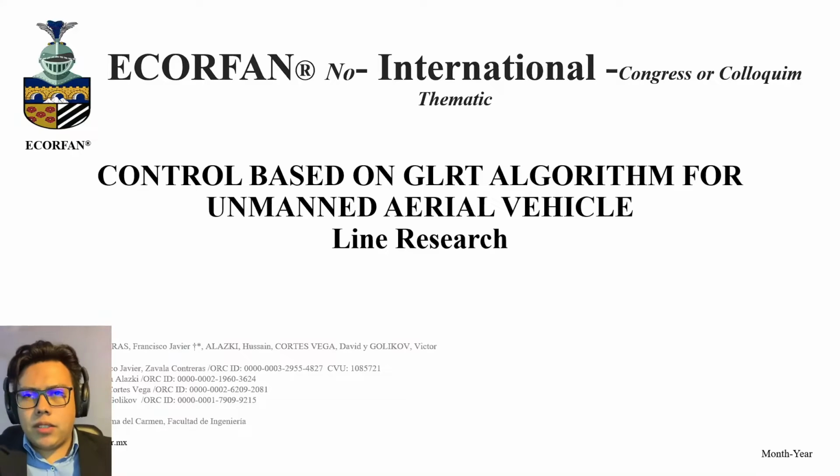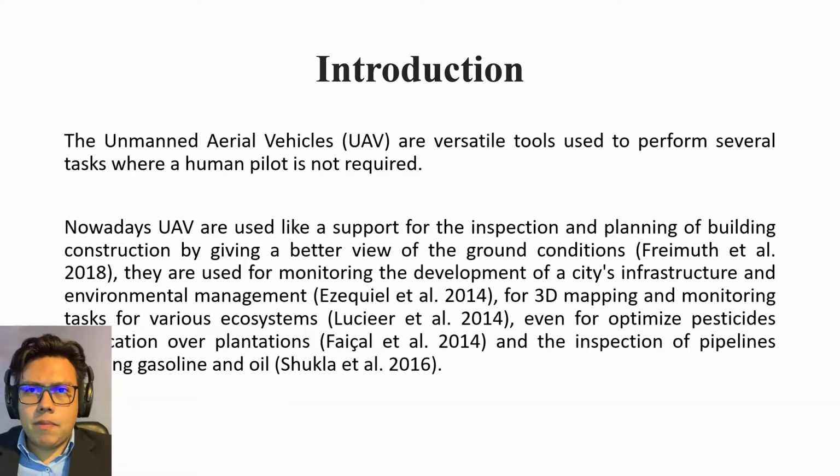Unmanned aerial vehicles, also known as UAV, are versatile tools used to perform several tasks where a human pilot is not required. Nowadays, UAVs are used to support building construction and give a better view of the ground. A lot of videos can be recorded while these devices are flying through the building or through the sky.